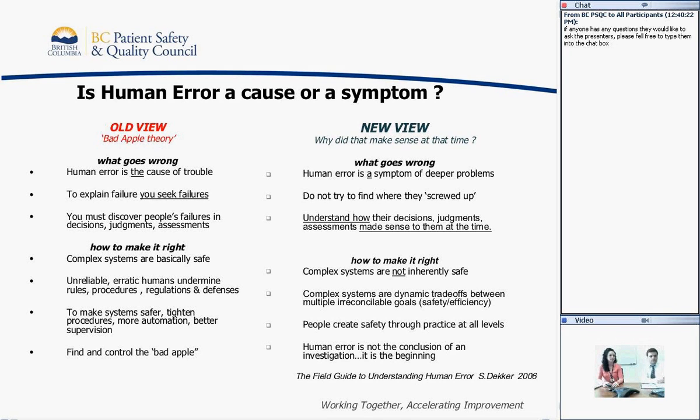People get up intending to do a good job, but they're faced with incredible complexity. So it's now very clearly recognized that complex systems are not inherently safe. The Baker and Norton study, the Canadian version, talked about that. These systems are dynamic trade-offs between multiple irreconcilable goals: efficiency, safety, production. And so people are trying to balance that throughout.